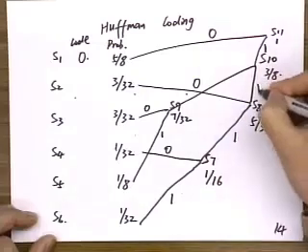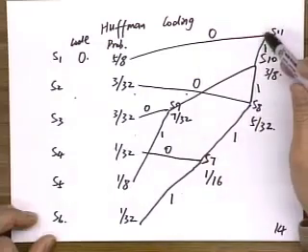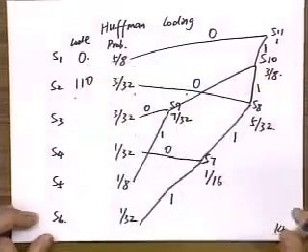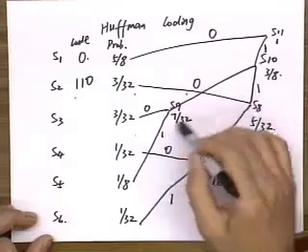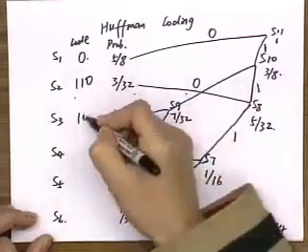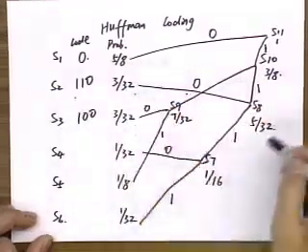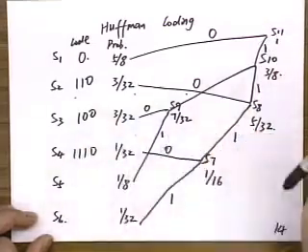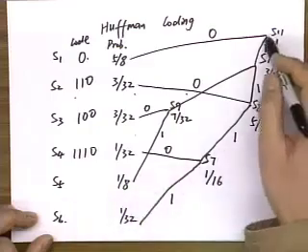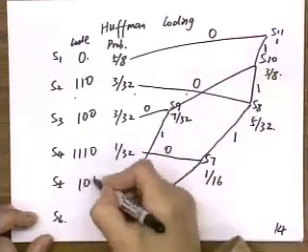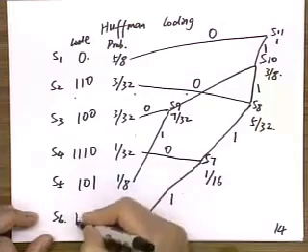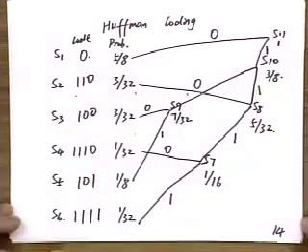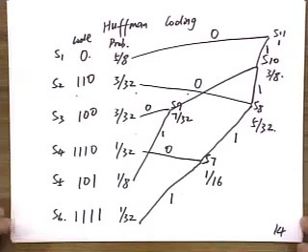So we assign a bit here, so it should be 110. For S3 it is this way, 100. And S4, 1110. S5, 101. S6, 1111.